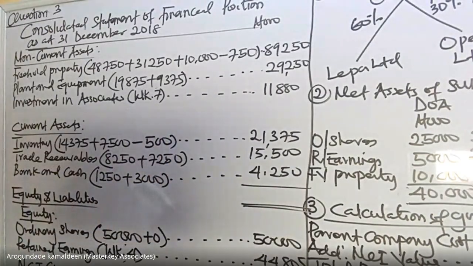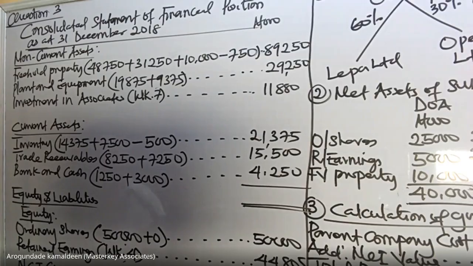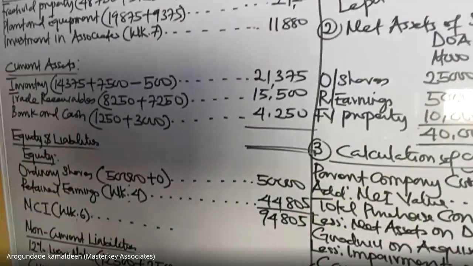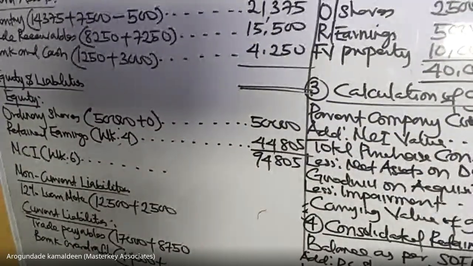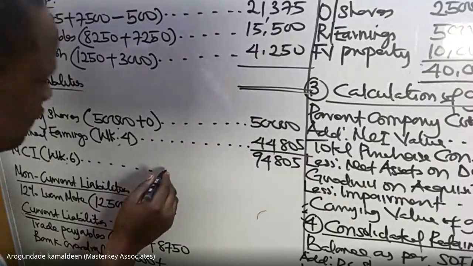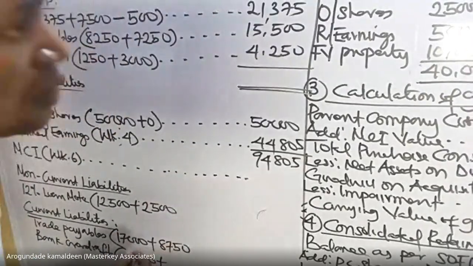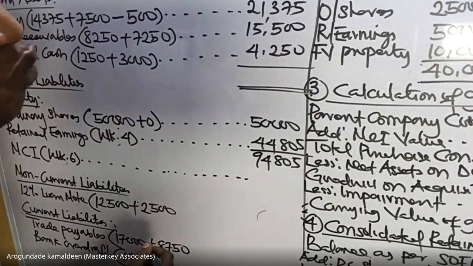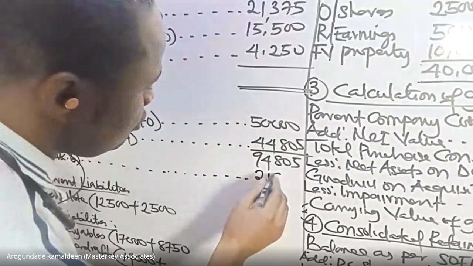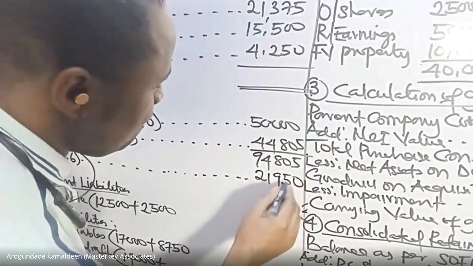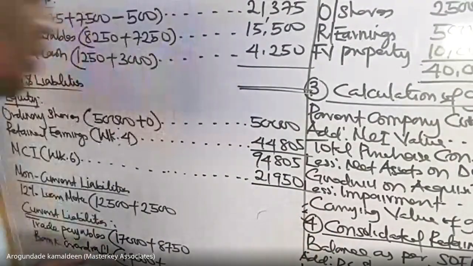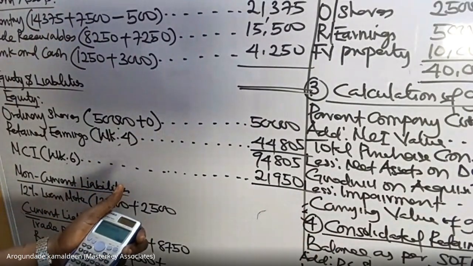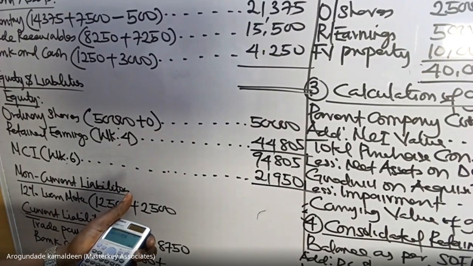Now, the NCI, that is note 6. The NCI note 6 is 21,950. You also add up, okay? Plus 21,950.